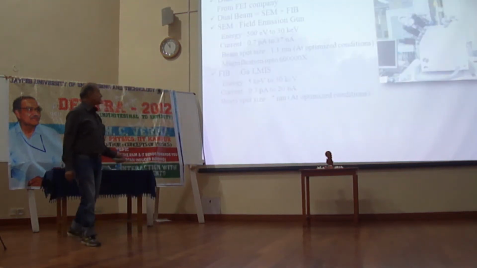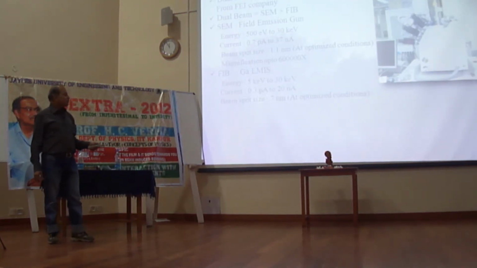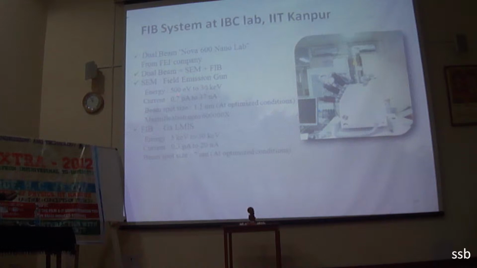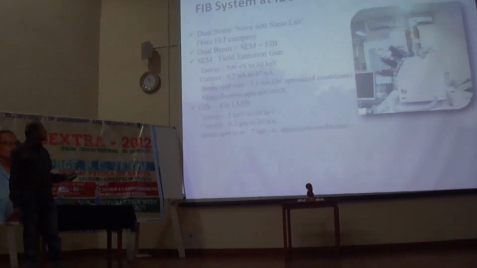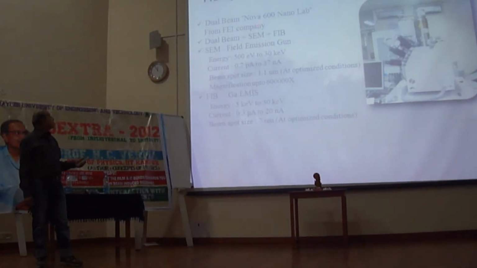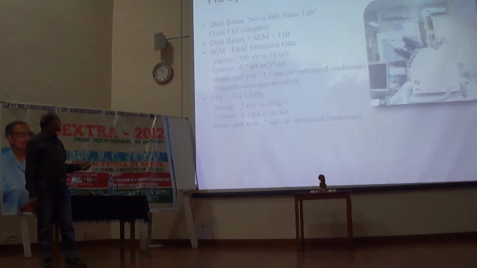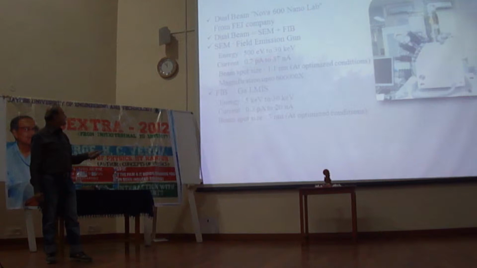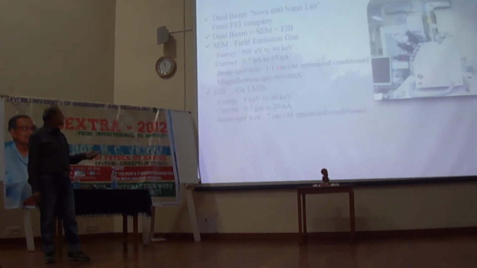Next. This is a photograph of that tabletop apparatus called FIB, focused ion beam. Its energy can go from 500 electron volt to 30 keV. It's a gallium ion beam. This is electron. Beam size is 1.1 nanometer.